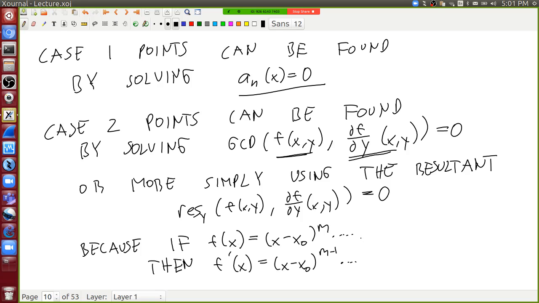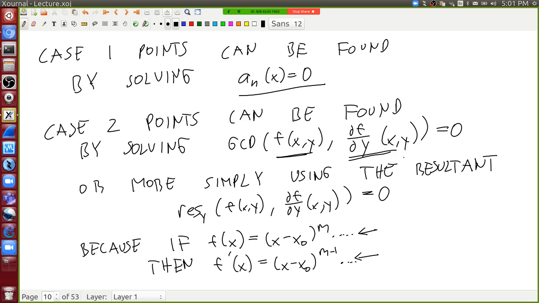The reason is that if you've got a multiple root, if this, as a function of x, has a root with multiplicity more than 1, then the same root will appear in the derivative, and you get shared roots between your function and its partial derivative.